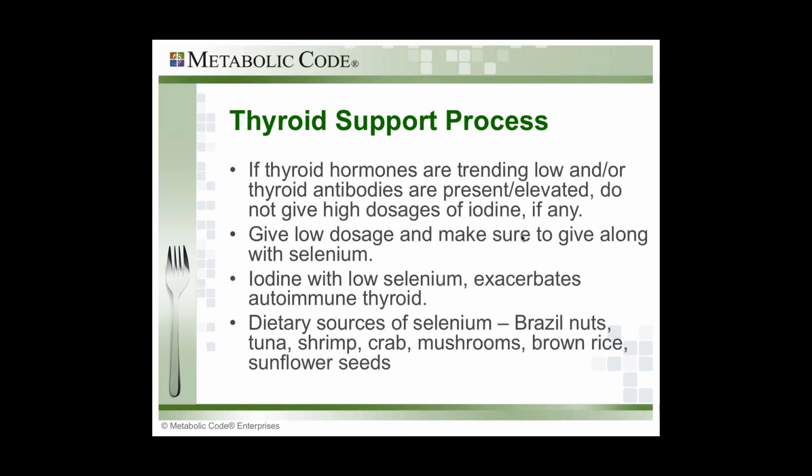Furthermore, what you need to be aware of is if people have thyroid hormones that are trending low but they do have thyroid antibodies, it's really not good to give too much iodine. Iodine promotes the production of thyroid hormone, which you don't want in an autoimmune person because their immune system is attacking the thyroid.